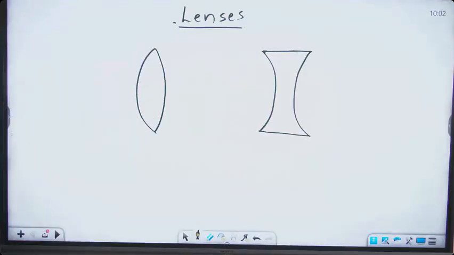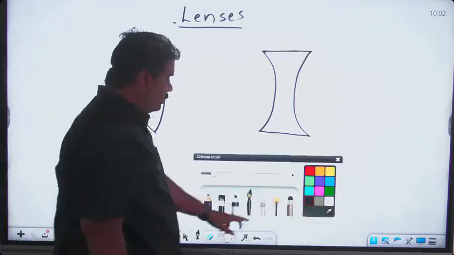Whether it is a convex lens or a concave lens, how are we preparing this lens?